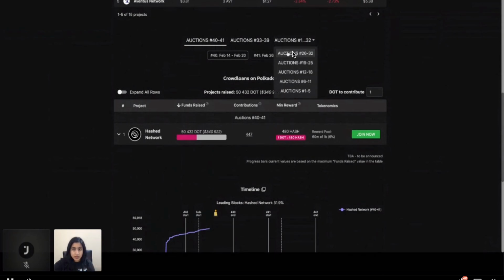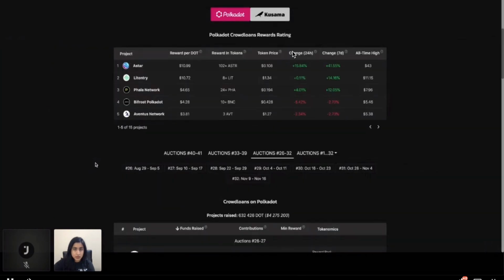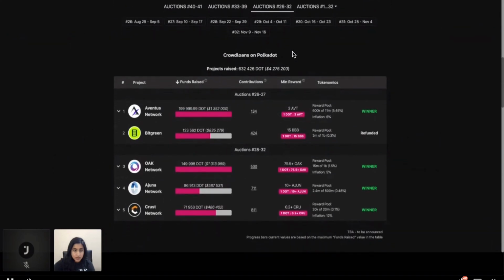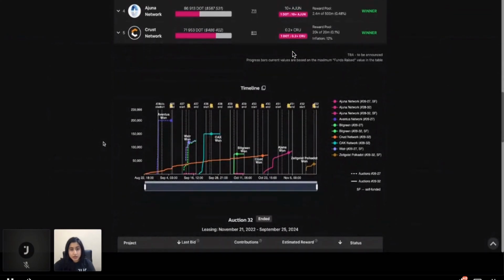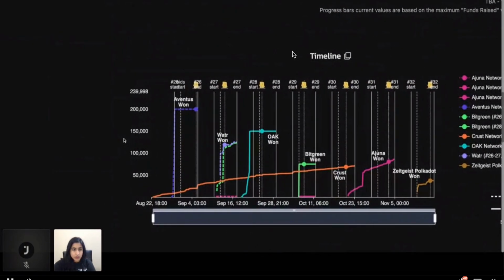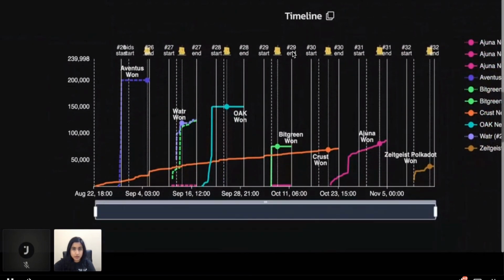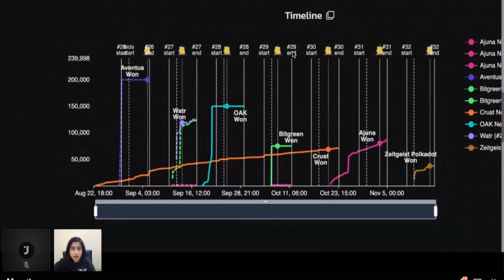For checking out some more data, I'm going to take previous auction data here. Okay. This is from September, not very long ago. So I'm zooming in on the map. Hope this is readable. Let's look at this map together. What happened here was that from slot number 25 to slot number 32, we have the data for bids that happened for these slots, and this is the number of DOT that the projects had to contribute in order to get the slot.